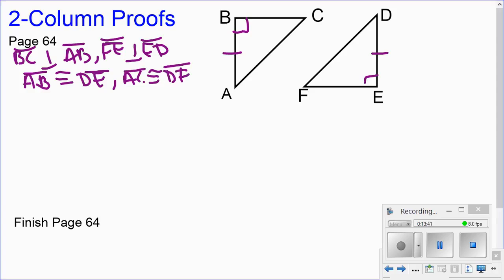Okay, AC, DF. All right, and we're supposed to prove that segment BC is congruent to segment EF. Okay, so let's start with our statements.